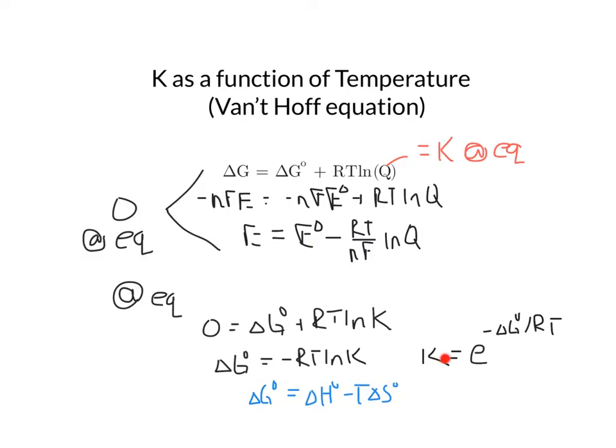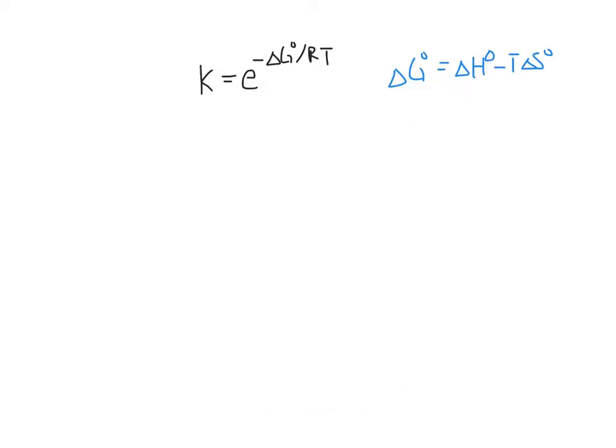And so we can see that delta G naught is also a function of temperature. And so this value of the equilibrium constant depends on temperature in a complicated way, because there's a temperature here and delta G itself is temperature dependent. So let's see how K depends on temperature.